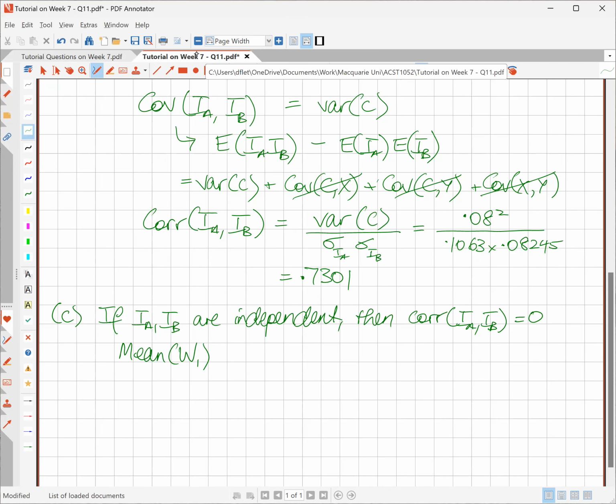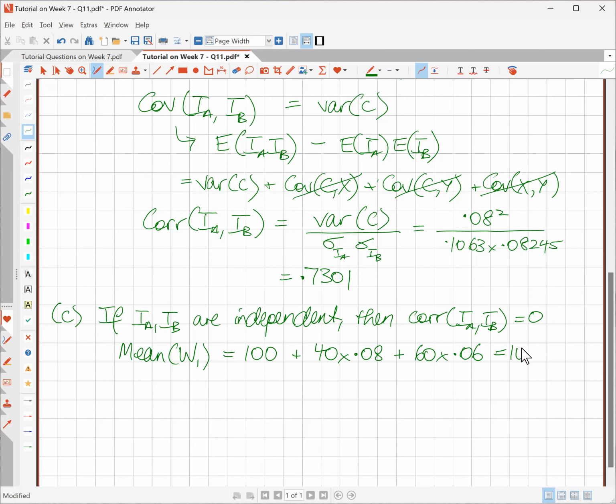So the mean value there, we're going to have our $100 in total that we invested, and then the mean returns. So we have $40 times the mean in asset A plus $60 times the mean in asset B, and that comes to 106.8 or 80 if we're talking cents.